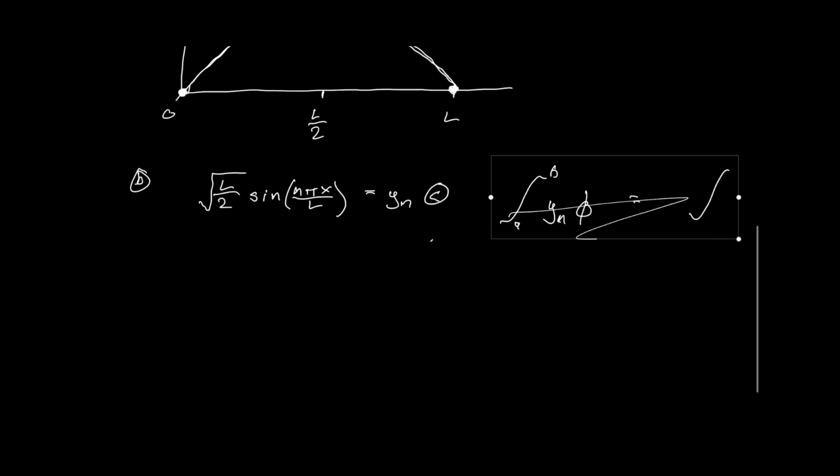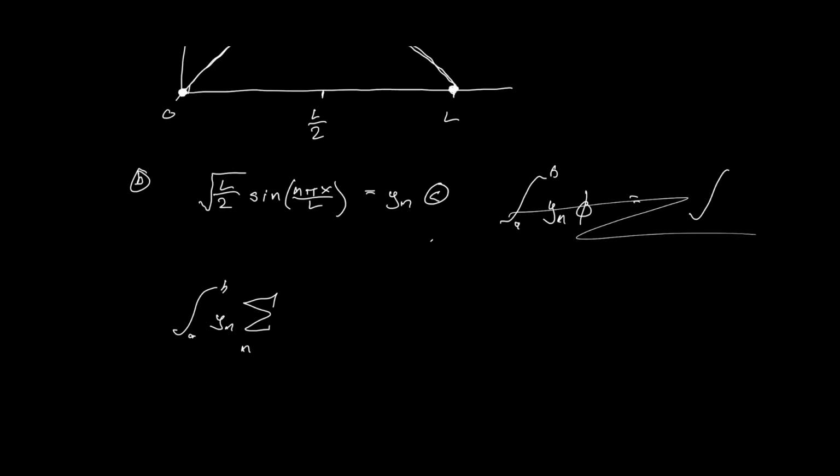So we have this full expression, y sub n, an infinite sum of a n times y m, and then y n dx, and that is equal to the integral from a to b of y m star phi.